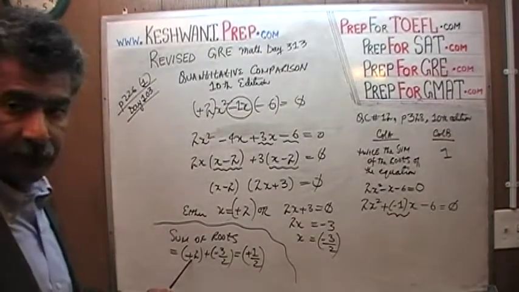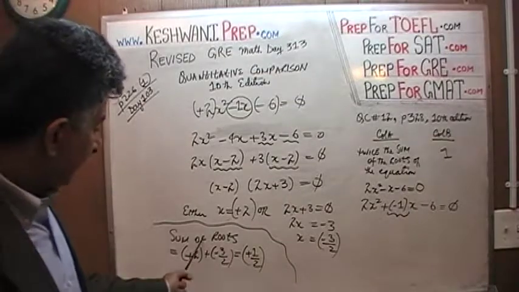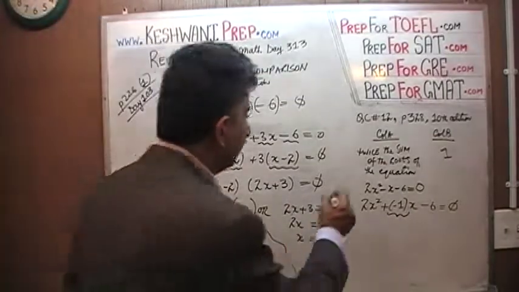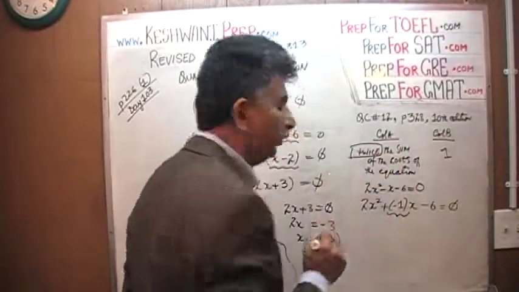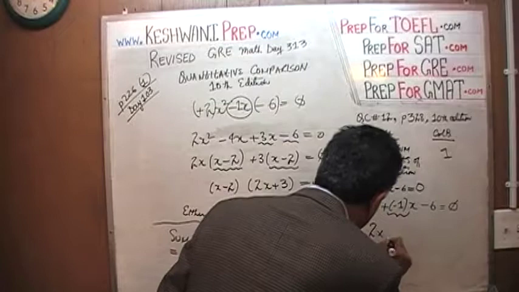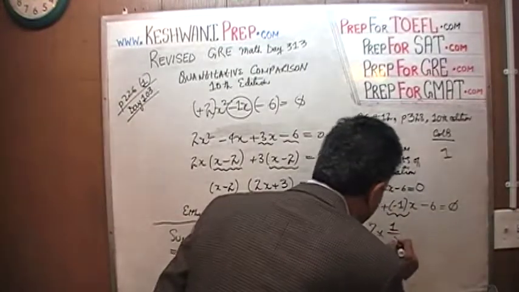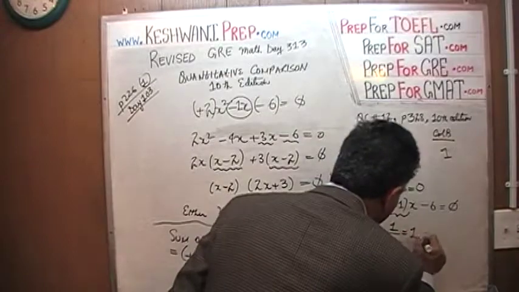If you have $2 and you take away $1.50, you're left with half a dollar. So that's the sum of the roots. Here they're asking us for twice the sum of the roots. Twice the sum of the roots is going to be 2 times half, which equals 1.